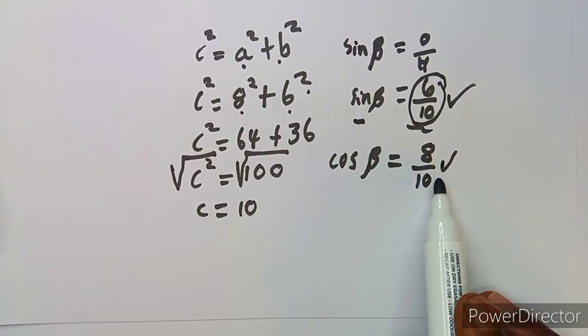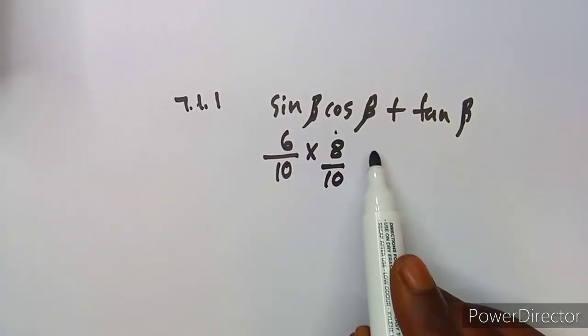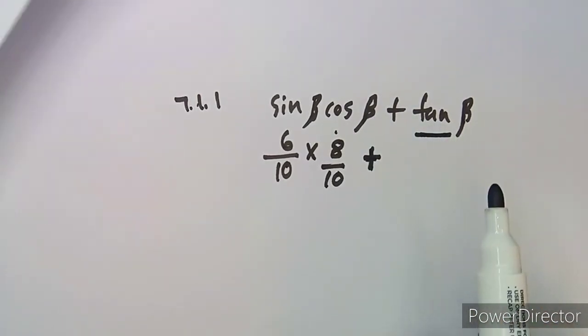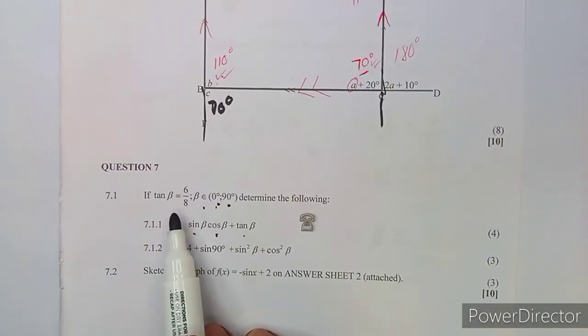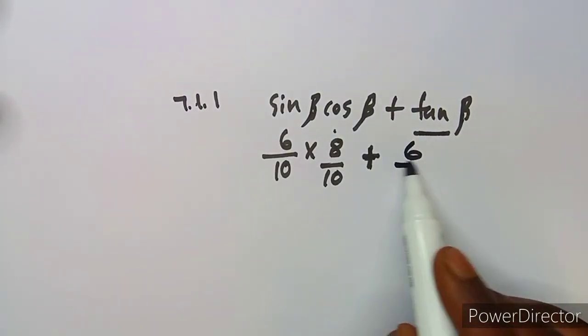Your cos beta is 8 over 10. So you've got 8 over 10 plus, you take note there's a plus there, so it's plus tan beta. Tan beta is the one that we were given before. If you still remember, we were given this value of tan beta here, which is 6 over 8.